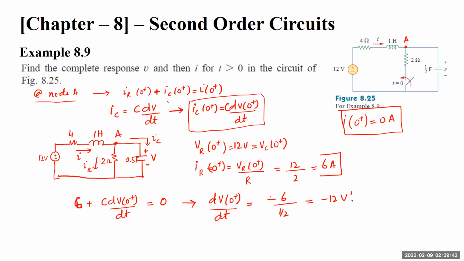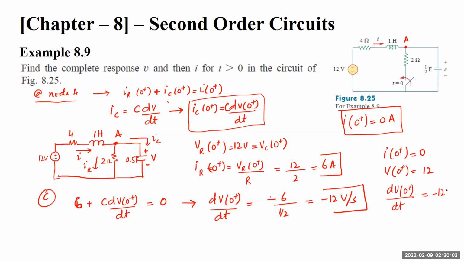This becomes minus 12 volts per second. This is the third initial condition. So now we have I(0+) is 0, V(0+) is 12, and dV(0+)/dt is minus 12 volts per second. It's better to develop the voltage equation first, and then use it to solve our question.